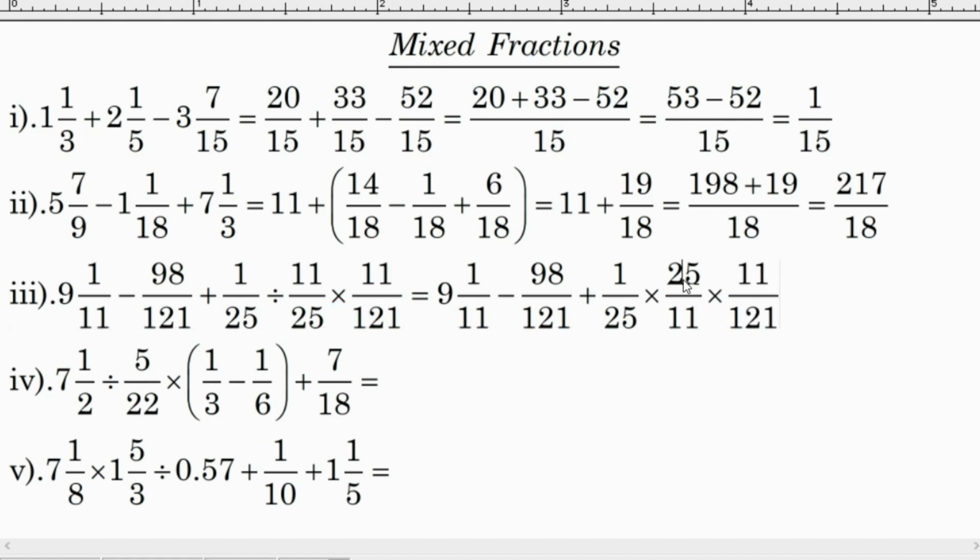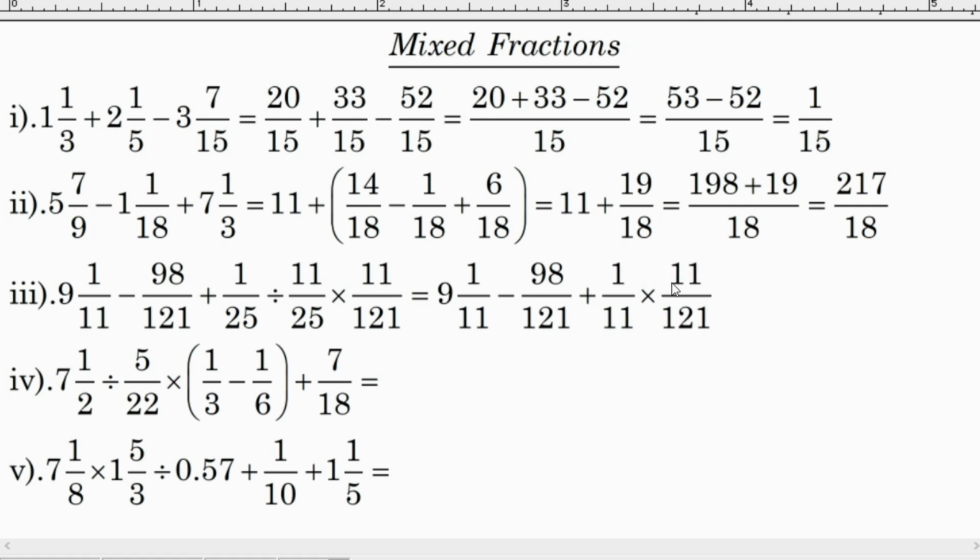Okay, so as we can see, here is 25 and here is 25. So then we can cancel out. So that will be the answer equal to 1 divided by 11.